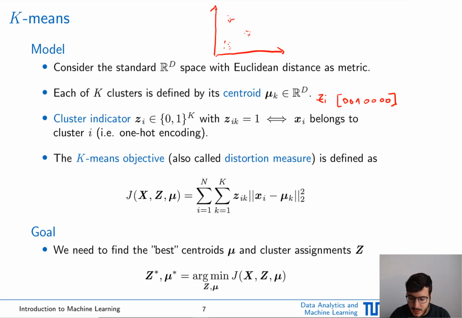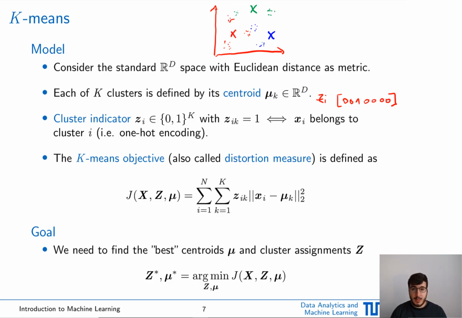We've also initialized these data points to belong to the blue cluster, and these data points to belong to the green cluster, somehow randomly, for example. In addition, we have the cluster centroids, and let's mark them with an X. This is the centroid for the blue cluster, this is the centroid for the green cluster, and this is the centroid for the red cluster.